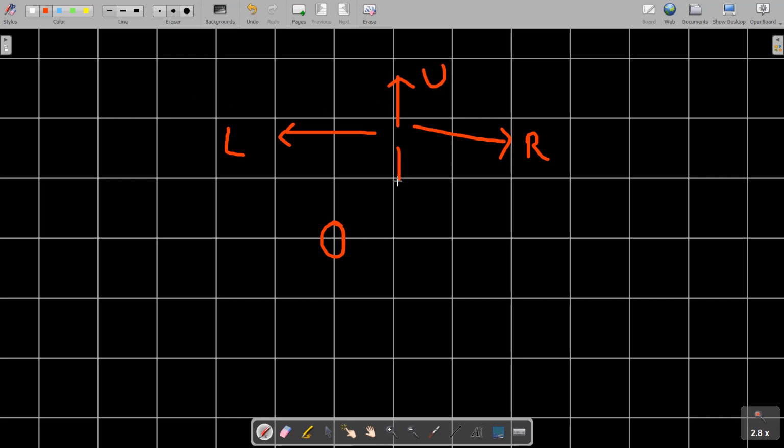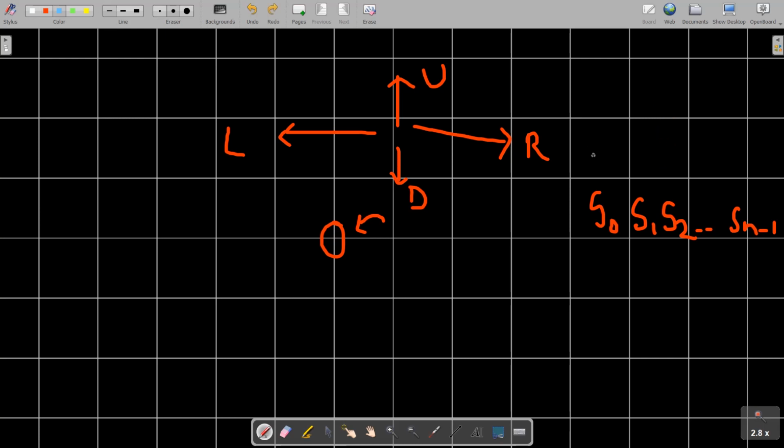Okay, and you are initially at the origin, and a string is given. The string characters are s0, s1, s2 up to s of n minus 1, denoting the path, and all these characters are either L, R, U, or D, and you need to follow this string starting from the left to the right.